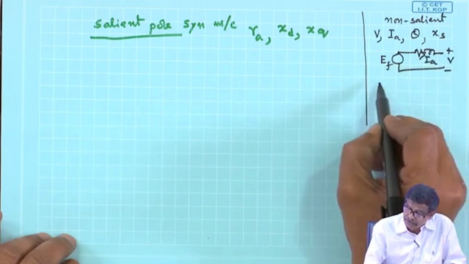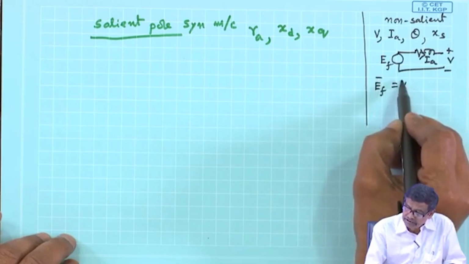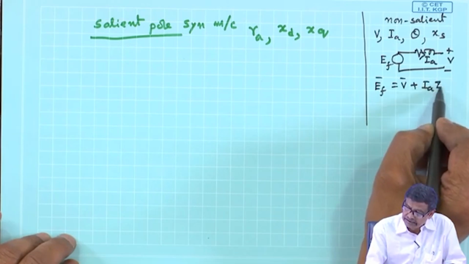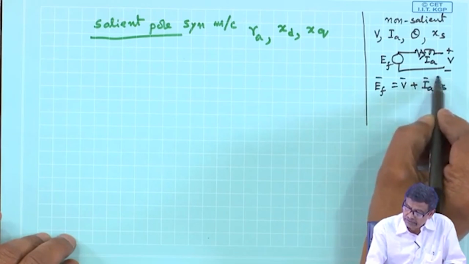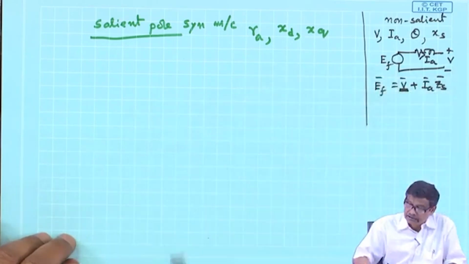Then we found that Ef is equal to V plus Ia Zs, that is the synchronous impedance. So, it is better you start with V and this one.